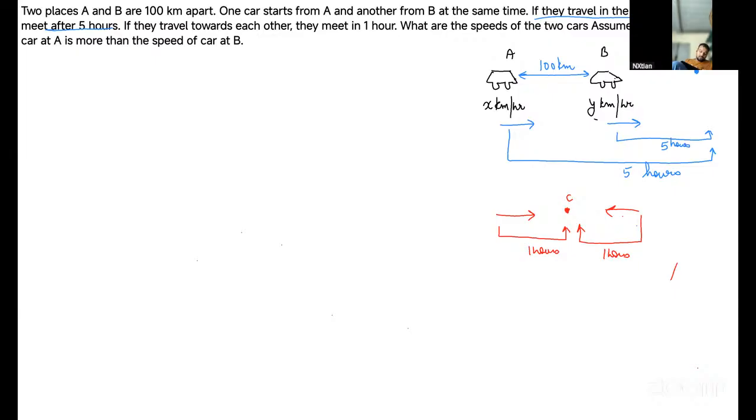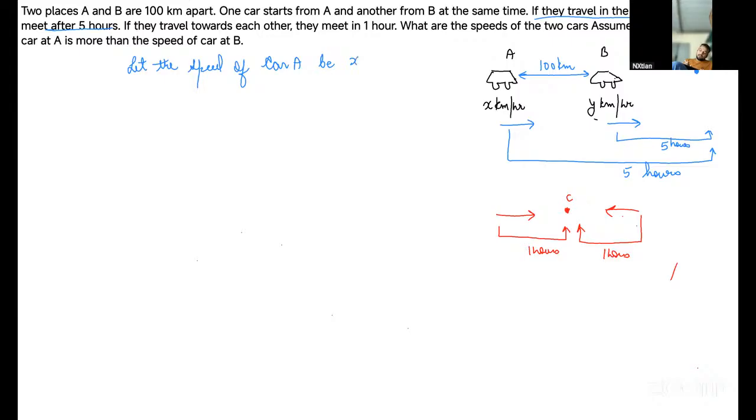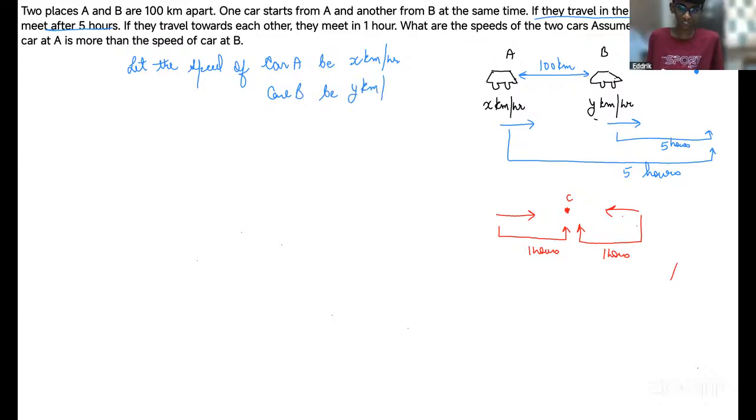Now, first of all, what you have to do is write: let the speed of car A be x kilometer per hour and car B be y kilometer per hour.